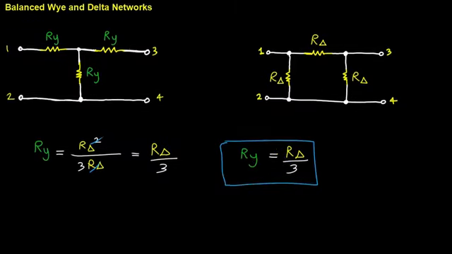Now we could also go the other way around and ask what R delta is going to be if I want to convert from the Y network to the delta network. I'm going to take all the possible combinations. It's RY times RY, and the products are going to be added 3 times. So I'm going to have 3 RY squared over just one of the RYs.